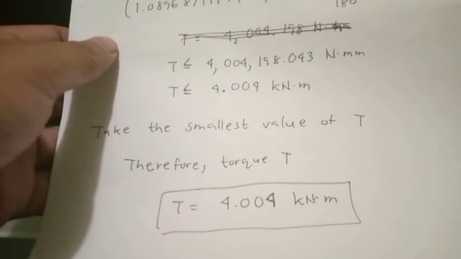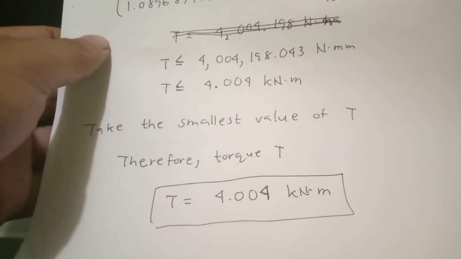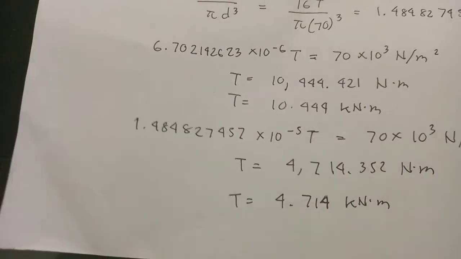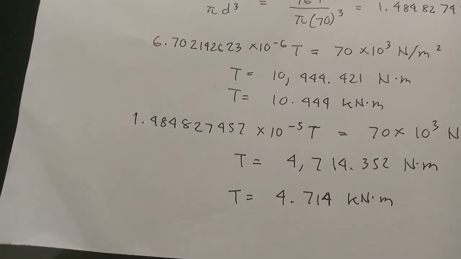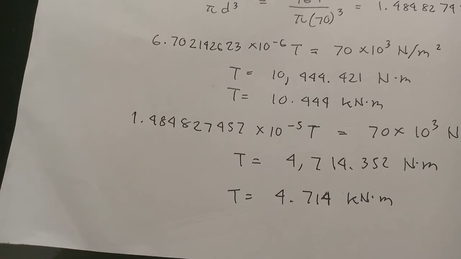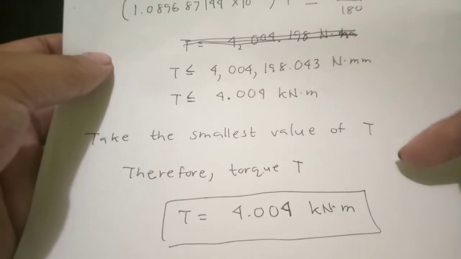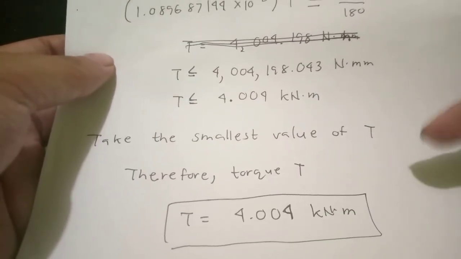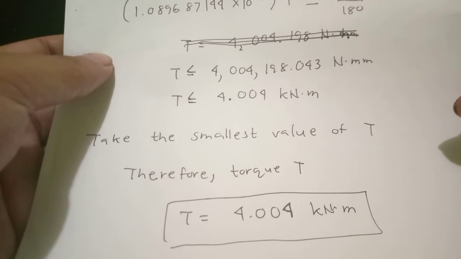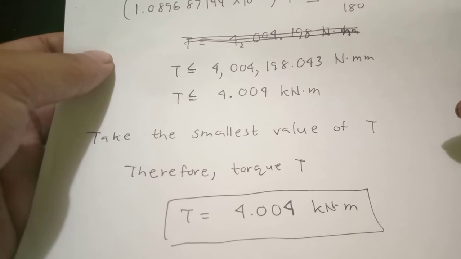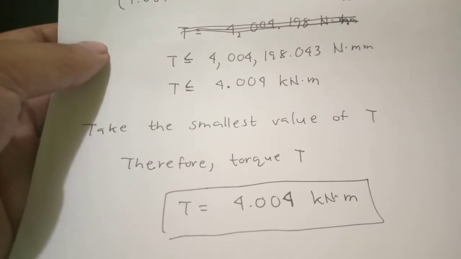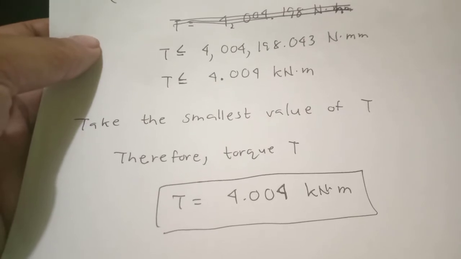We have three values of T: 10.44 kilonewton meter, 4.714 kilonewton meter, and 4.004 kilonewton meter. We take the smallest value of T. Therefore the torque is equal to 4.004 kilonewton meter. So that is our example number 4.